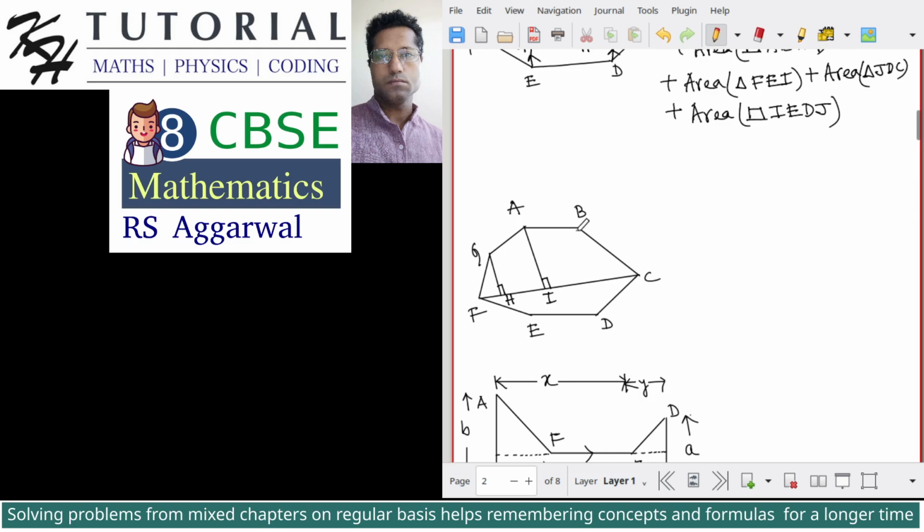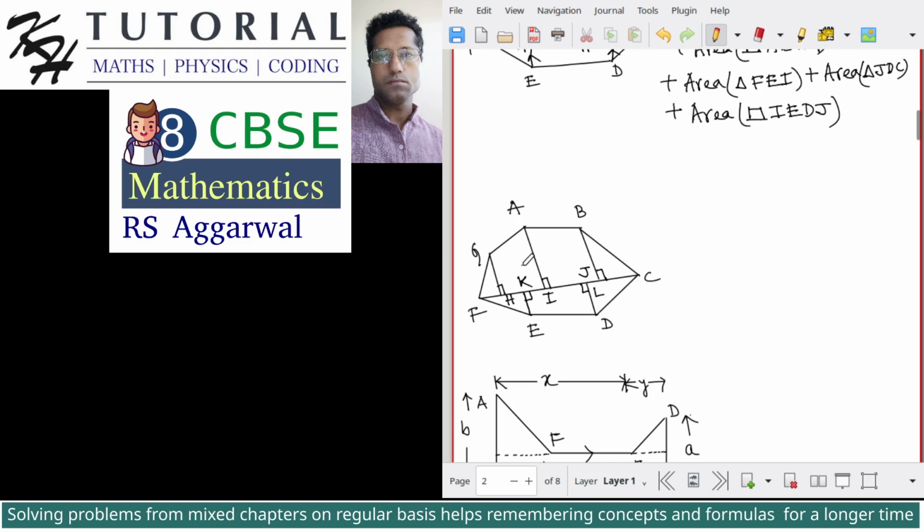Also, we draw a perpendicular from B on the diagonal FC. Let's say this is BJ, and from the vertex E we draw a perpendicular on FC. Let's say this is K, and finally from the vertex D we draw a perpendicular on FC. Let's say this is L.